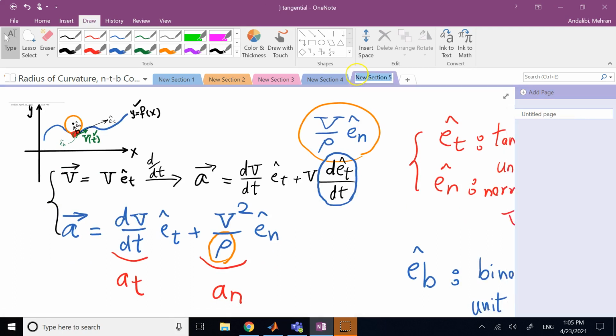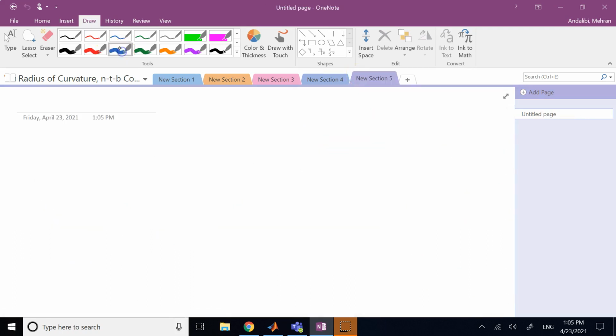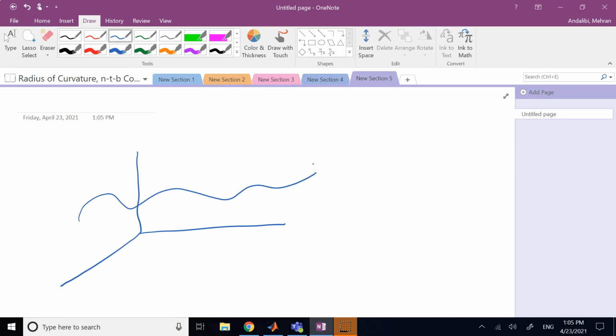But in general, this is when you have a 3D problem and an arbitrary curve in 3D. When this particle moves along this path, at any point you have the tangent direction. If this is a planar curve, then you can define EN.